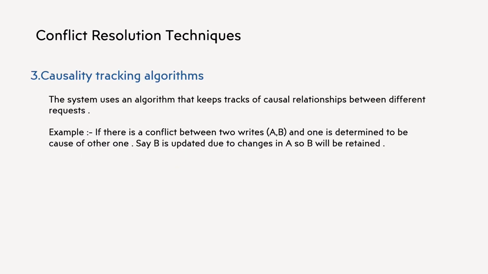The third one is the causality tracking algorithm. The system will use an algorithm that keeps track of the relationship between different requests.